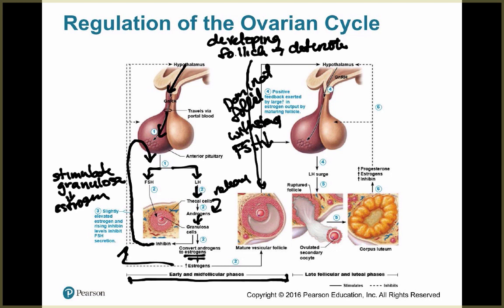Now, once we get into the late follicular and the luteal phase, what happens here is that you are going to get release now of the gonadotropin releasing hormone.